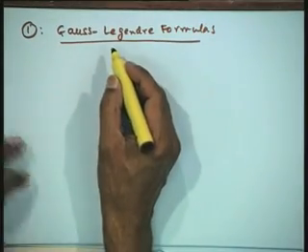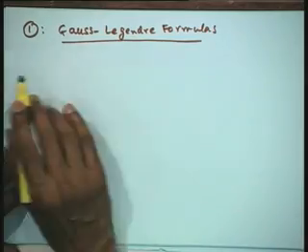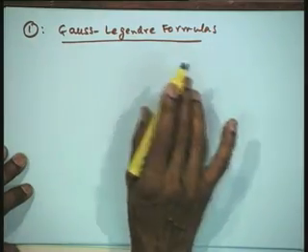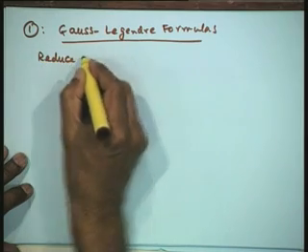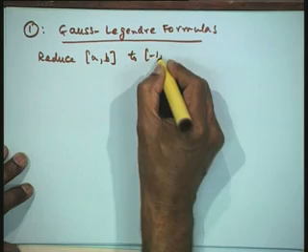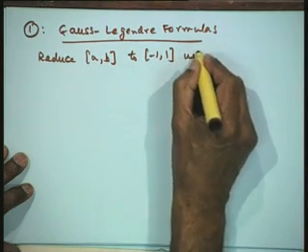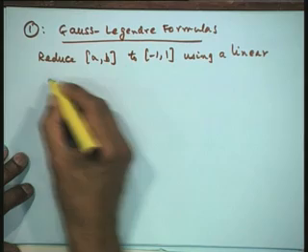The Legendre polynomial is defined on -1 to 1. Therefore, given an interval a, b, reduce it to -1 to 1 by using a linear transformation.